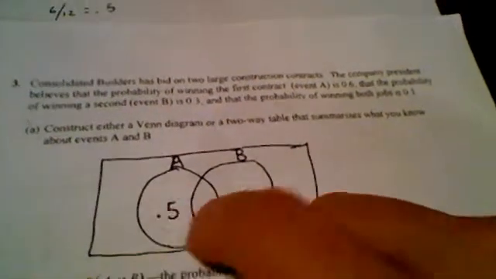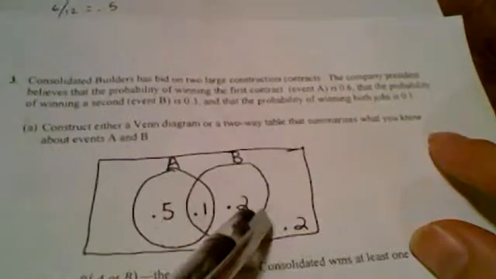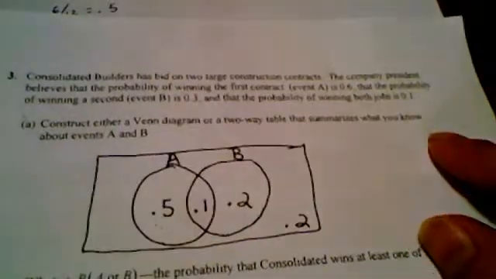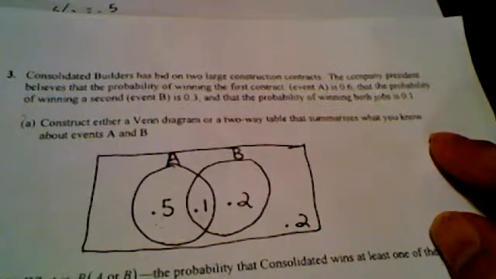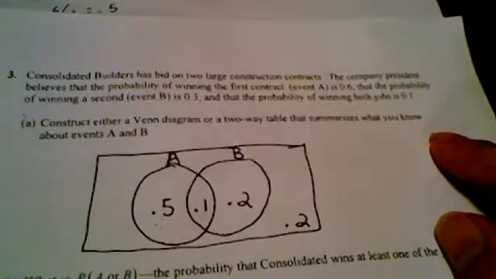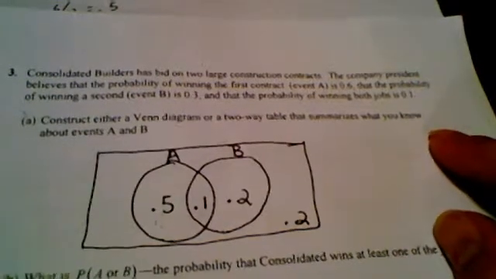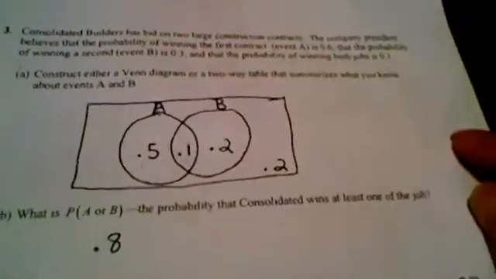That means the probability of winning the first contract being 0.6, that has to be 0.5, so that adds up to 0.6. Probability of the second one being 0.3, that circle has to add up to 0.3, so we put 0.2 there, and 0.5 plus 0.1 plus 0.2 is 0.8, which means there's 0.2 out there that are not, that's the probability of not getting either of the contracts.